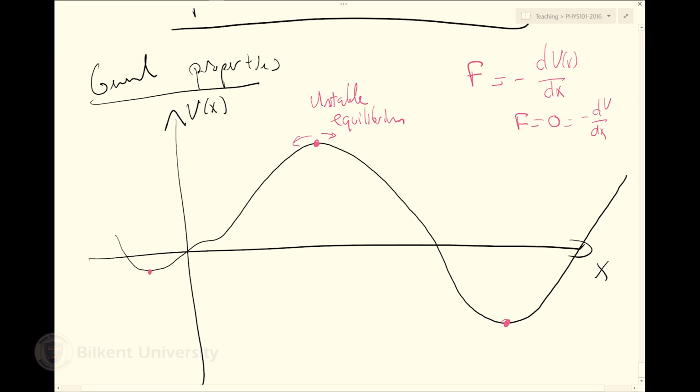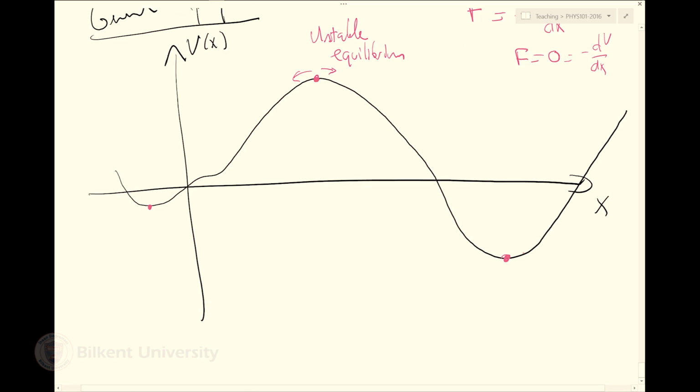If I'm at the minimum of a potential, if I actually give a small displacement to my mass, it actually keeps oscillating, right?